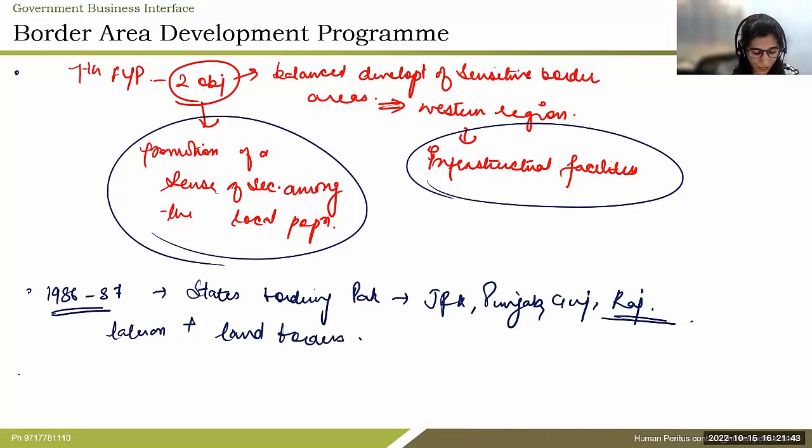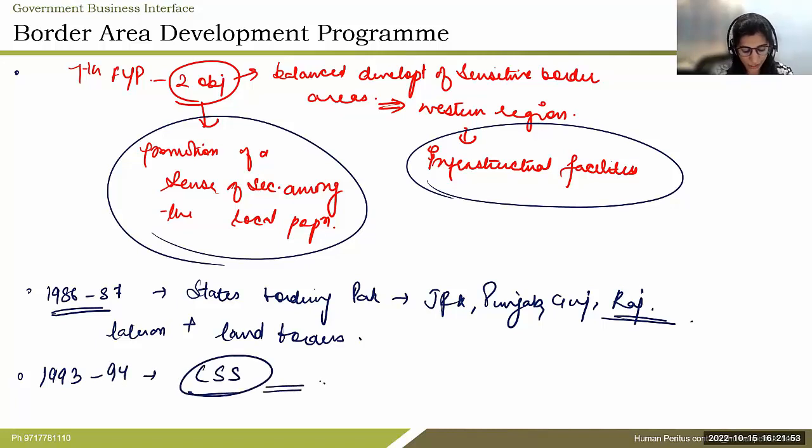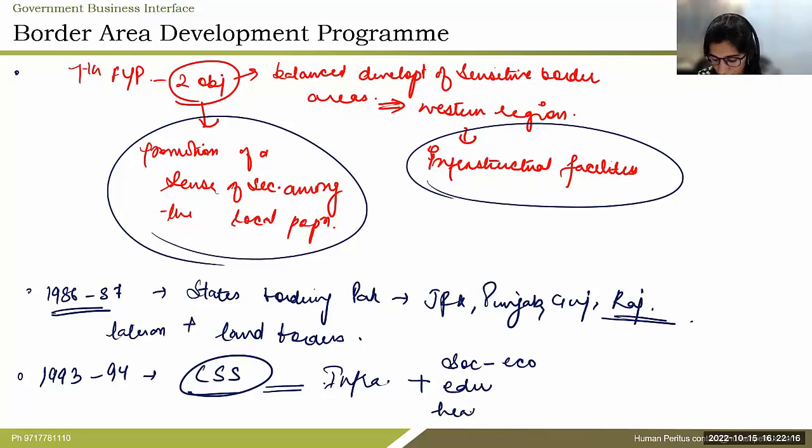And finally, after a while, during 1993 and 94, it became a centrally sponsored scheme. So initially, it was for the infrastructure development facilities, but later on, it expanded its aspects to other areas as well, such as socio-economic, education, health, agriculture, and others.